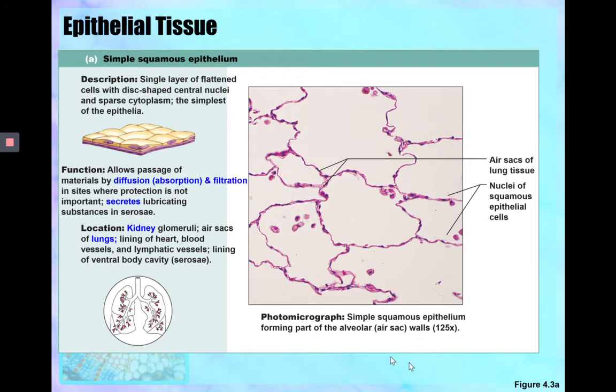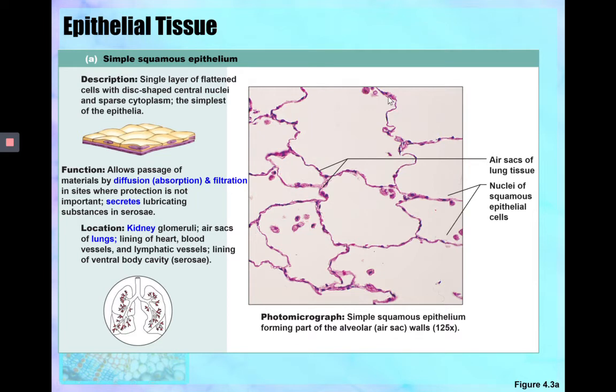This is a side view of simple squamous epithelial cells in the lungs. So in the lungs, you have really thin epithelial membranes that ensure that air exchange, or oxygen and CO2 exchange, if you want to be really correct, can occur. So this is actually a photomicrograph of the epithelial tissue that you have in the air sacs of your lungs.